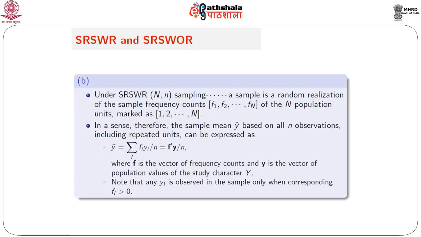Y is the vector of values Y1, Y2, ..., YN. So this is a very convenient notation: y bar, which is summation fi yi by n, is written as F prime y over little n. Note that any yi, as I said, is observed in the sample only when the corresponding fi is positive.